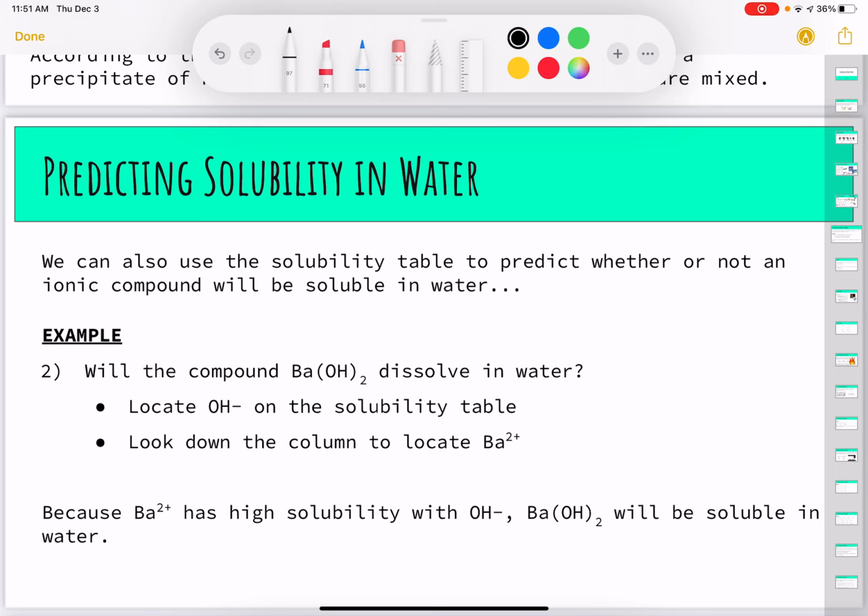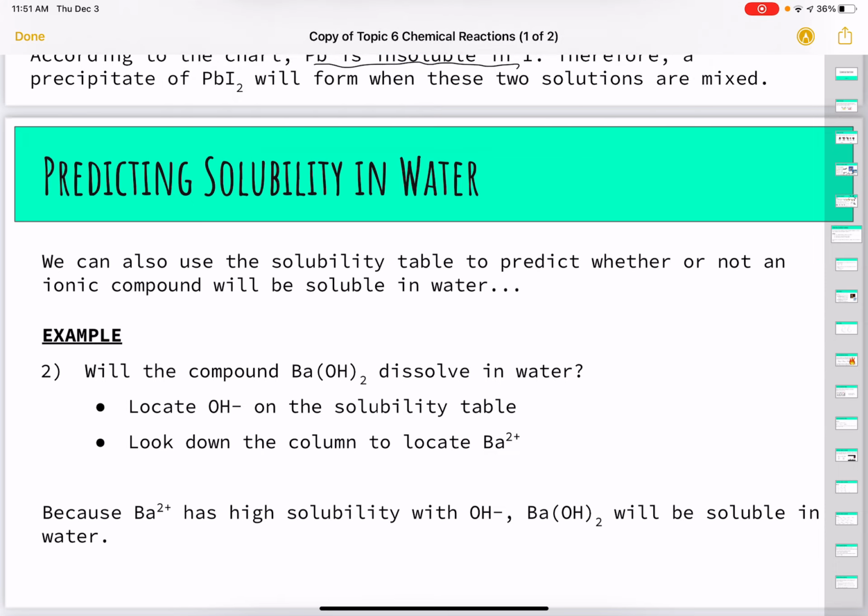It says predicting solubility in water. It says we can also use the solubility table to predict whether or not an ionic compound will be soluble in water. So it says, will this compound, BaOH3 or BaOH2, dissolve in water? So first we've got to locate the OH on the solubility table and then look down the column to locate Ba.